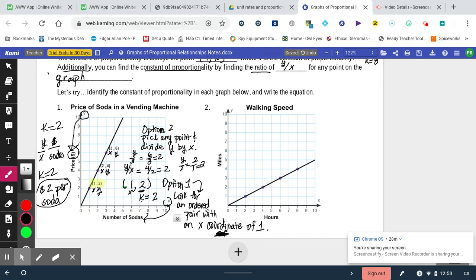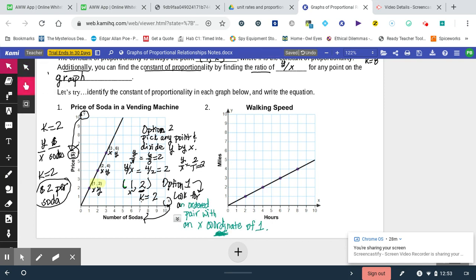Again, you can use two options if both of them will work. Option 1, look for an ordered pair with an x coordinate of 1. Or option 2, pick any point and divide y by x.